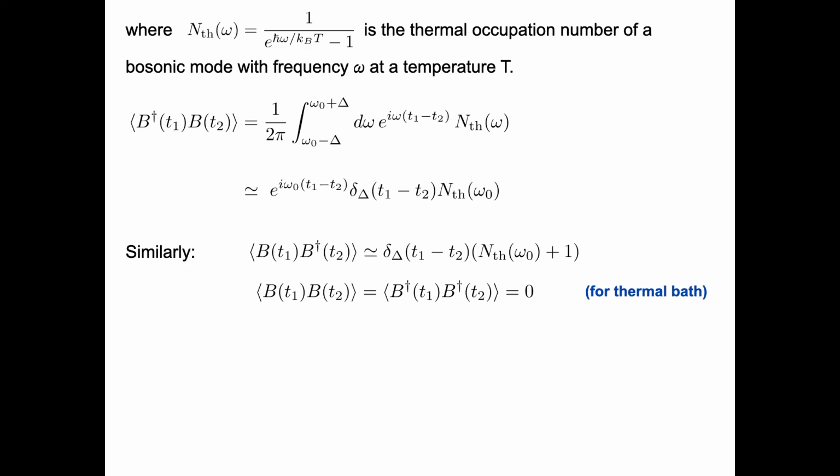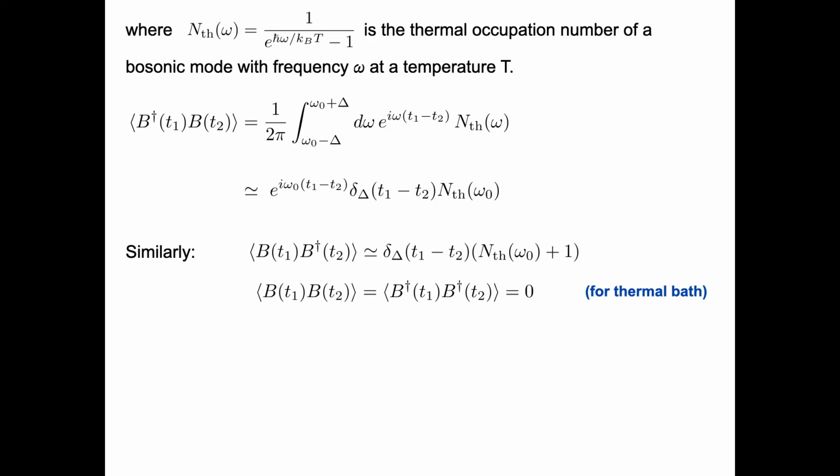Even when this is acting on a vacuum state, it creates an excitation. So therefore this is diagonal in delta and proportional to n thermal plus 1. So this contribution is also finite if we are in a vacuum state.